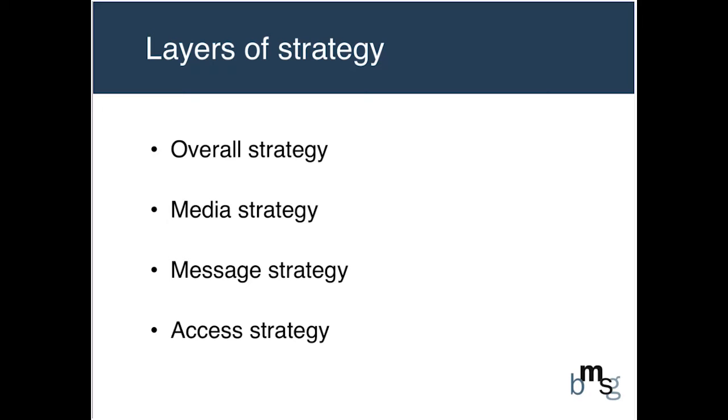One of the things that makes Berkeley Media Studies Group a little bit different than the way other organizations approach communications is that we don't typically start by developing a message. We actually start by thinking about what's the overall strategy. In other words, what's the overall goal that your organization is trying to achieve. And then we work backwards from there to develop messages and to try to figure out how to get that message out there through the mass media.